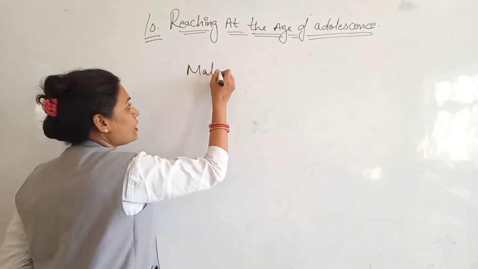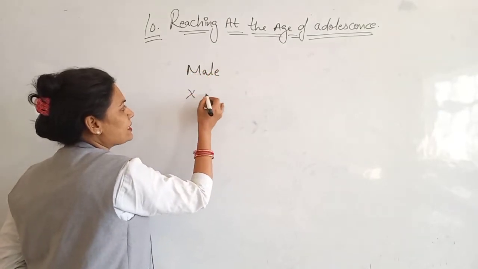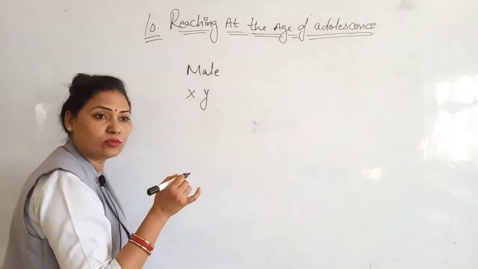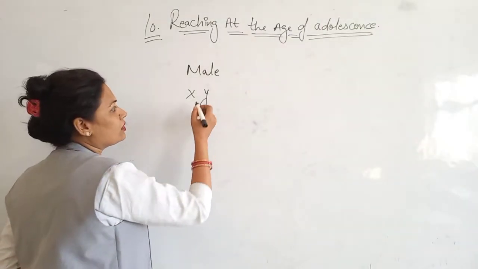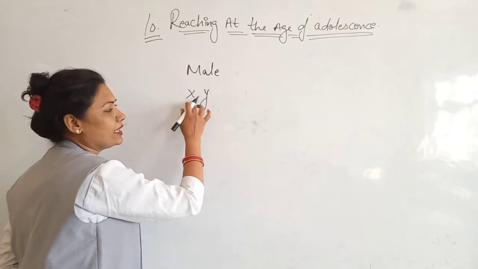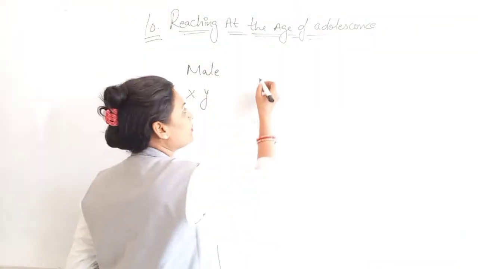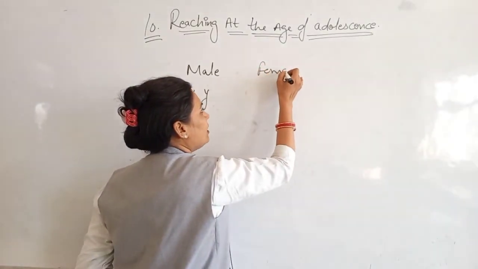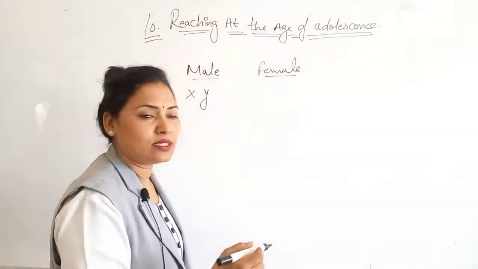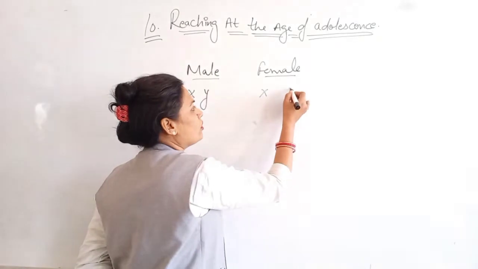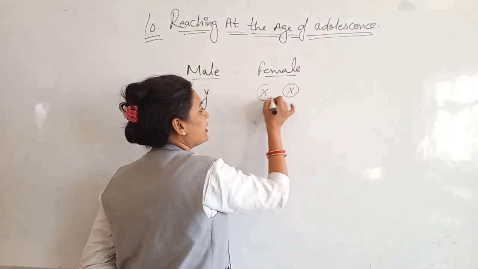Male contains X and Y chromosomes. Okay. Two types of chromosomes are there. So, the sperm contain X and Y chromosomes. Here we can write the female. Then the female contains X and X chromosomes.